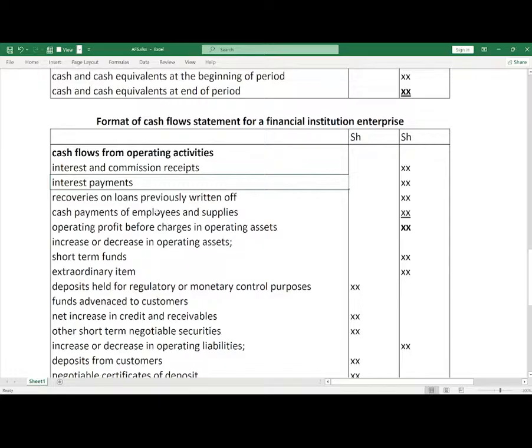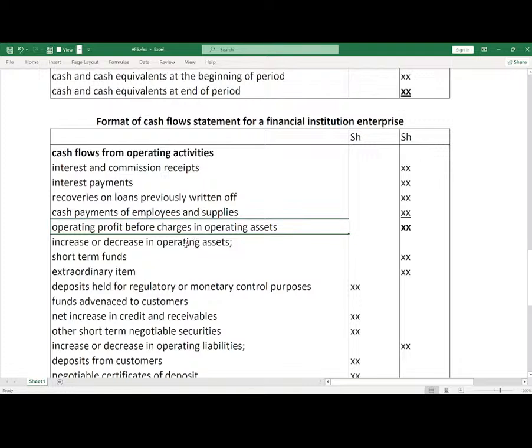We also have to have the operating profit before changes in operating assets. So this is what we are going to get before we add anything. So we have the interest and commissions, interest payment, recoveries on loans previously written off, cash payment to employees and suppliers. Then we are going to get the total operating profit before changes in operating assets.